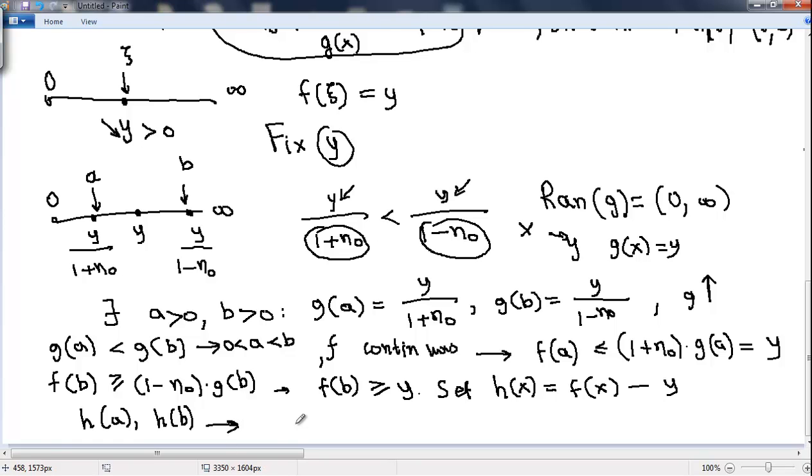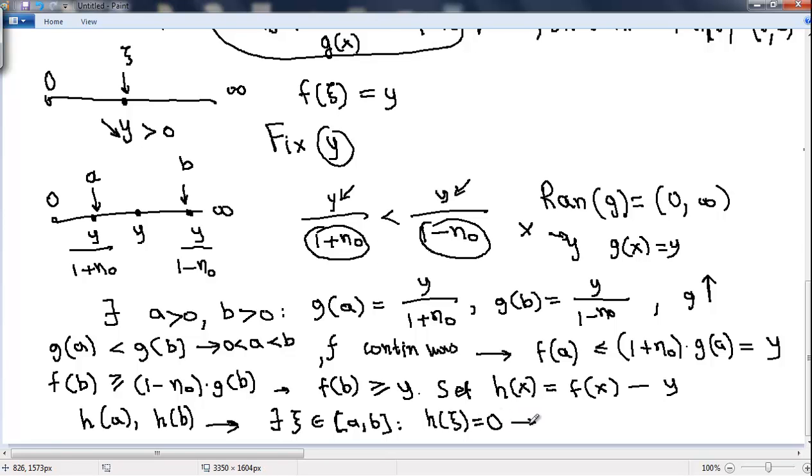So from the Bolzano theorem, or the intermediate value theorem, there exists xi that belongs to AB such that h of xi equals 0.